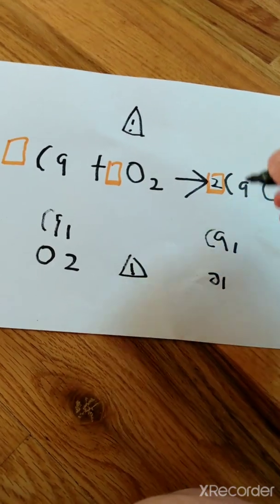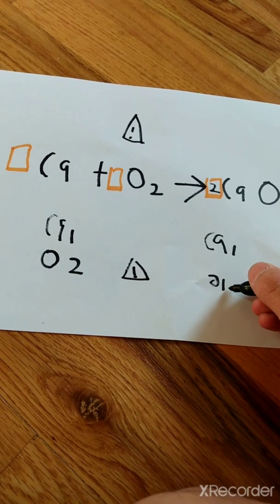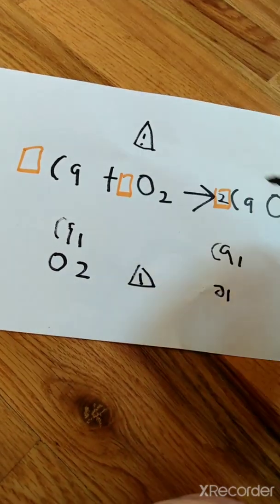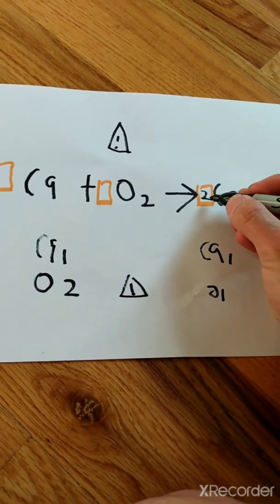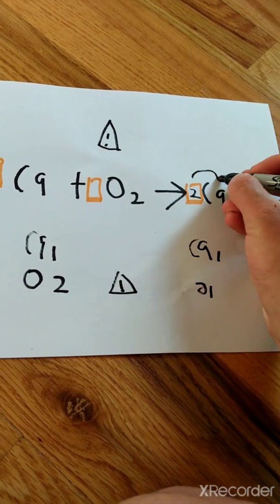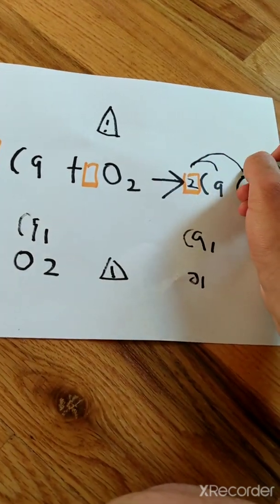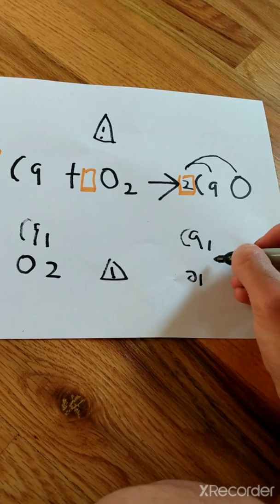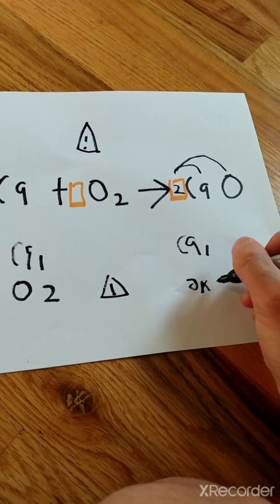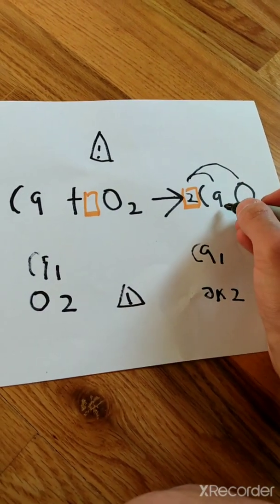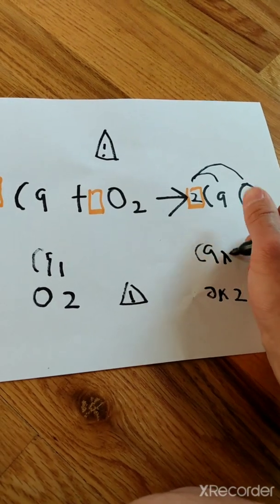as the coefficient, because 1 times 2 is 2. So if we do 2, that affects that, and that coefficient also affects that. Now oxygen has 2, we get rid of the 1, and calcium now has 2.